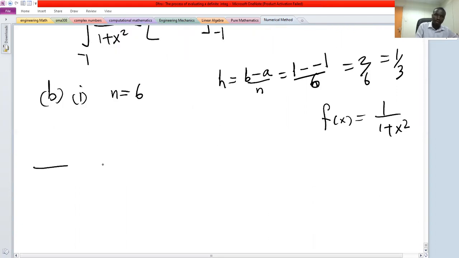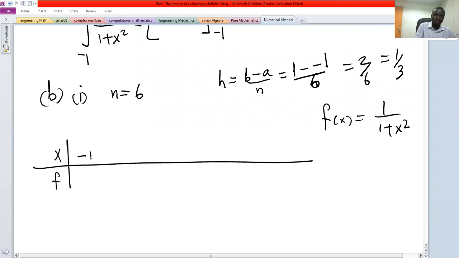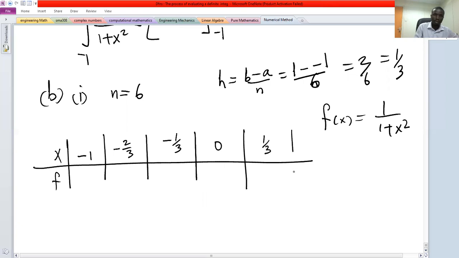So we need to make a table of values, x and f. Starting at -1, then adding 1 over 3, you get -2 over 3, then -1 over 3, then 0, then 1 over 3, then 2 over 3, and finally 1.